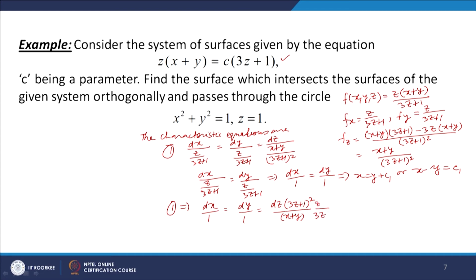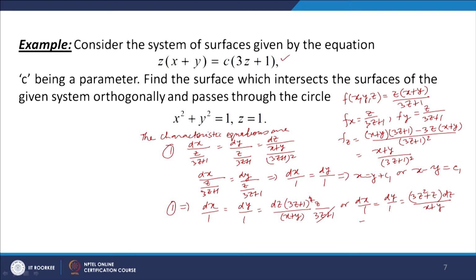So this cancels with this, and we have dx over 1 equal to dy over 1 equal to (3z square plus z) dz divided by x plus y. This is what we get.